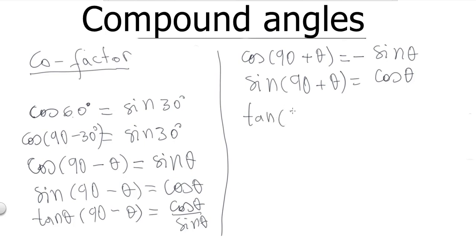Then tangent of 90 degrees plus theta will be minus cos theta divided by sin theta. So this is what we call the cofactors.